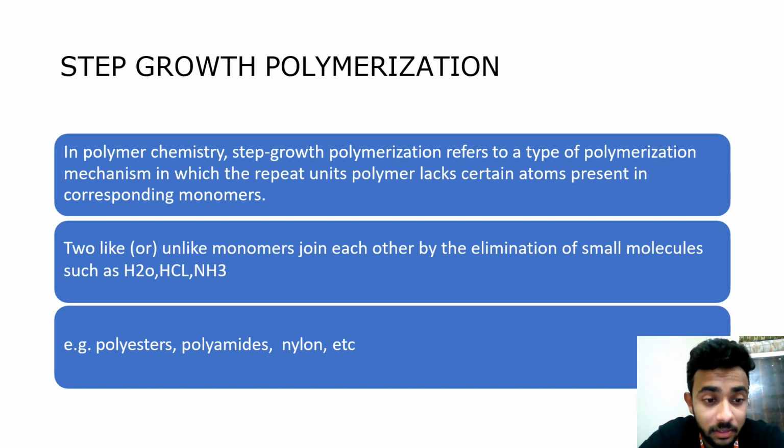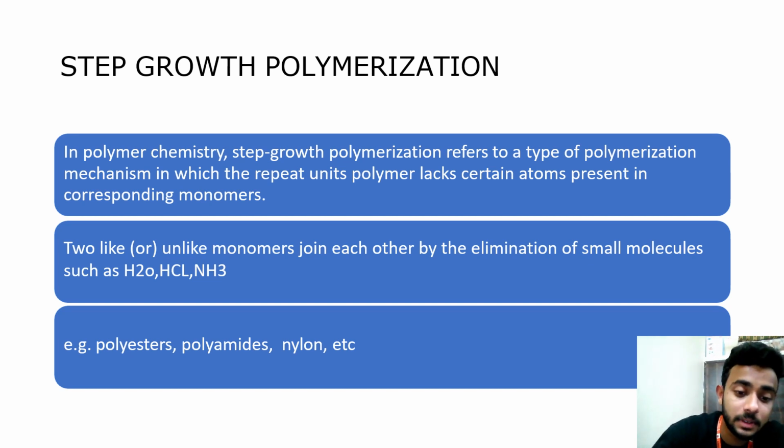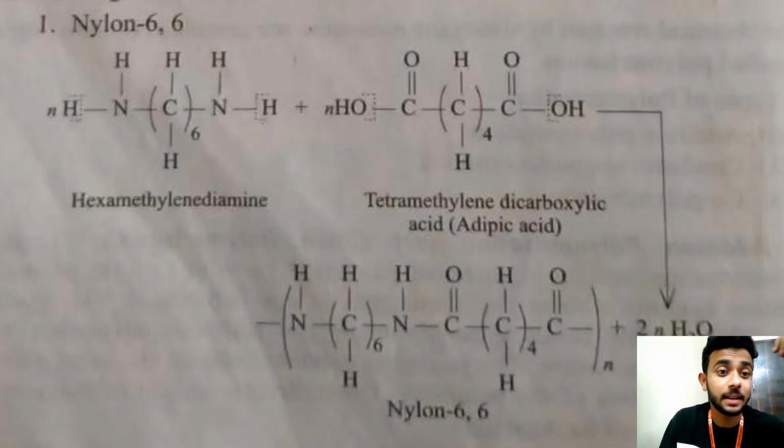Step growth polymerization is simply two like or unlike monomers joining each other by the elimination of small molecules such as H2O, HCl, and NH3. Examples of step growth polymerization are polyesters, polyamides, nylon, and so on.